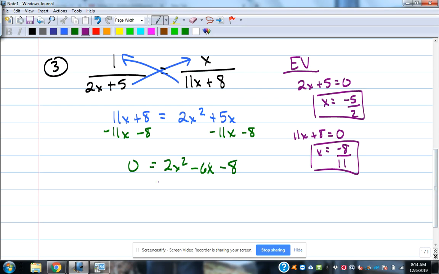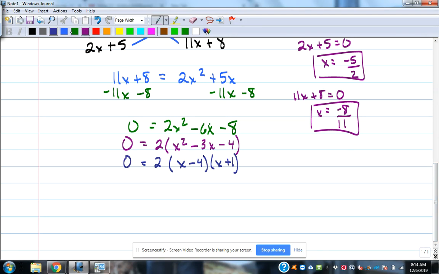GCF is 2. If you didn't pull out the GCF, you'll get the same answers. So this would be x minus 4 and x plus 1. The 2 goes away because it doesn't have a variable.